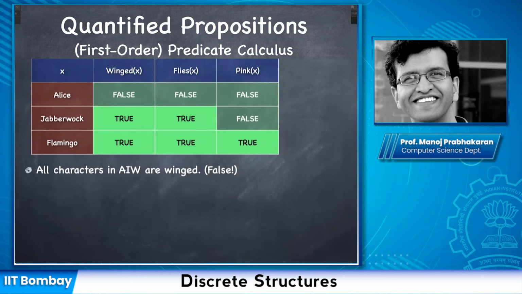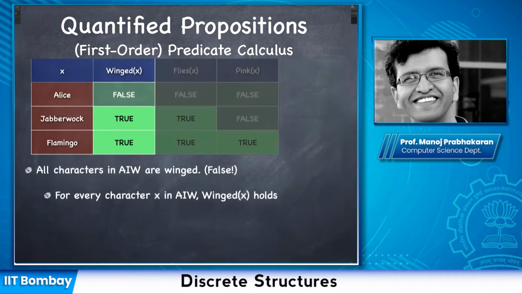So suppose I want to make the claim all characters in my domain, Alice in Wonderland, are winged. Or more elaborately, I'm claiming that for every character X in Alice in Wonderland, the proposition winged X holds.